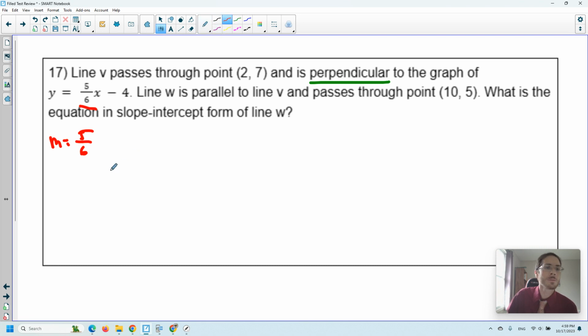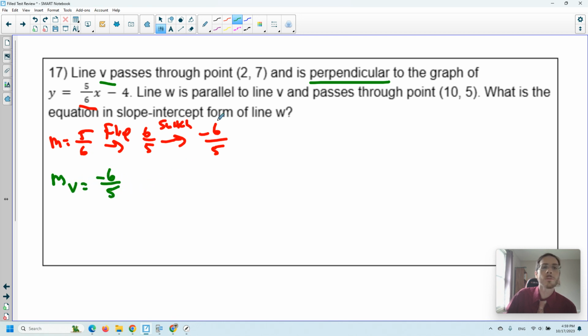So we're going to flip it to 6/5, and then switch the sign to negative 6/5. So the perpendicular slope is negative 6/5. Since line V is perpendicular, the slope of V is negative 6/5.